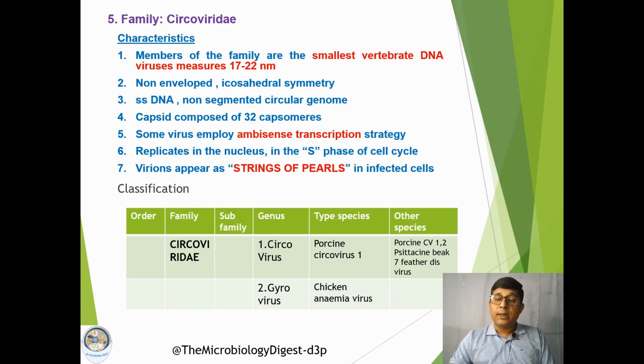Circovirus includes porcine circovirus 1 as a type species. Gyrovirus includes chicken anemia virus. The Circovirus genus also includes other important viruses like psittacine beak and feather disease virus, and porcine circovirus 1 and 2.